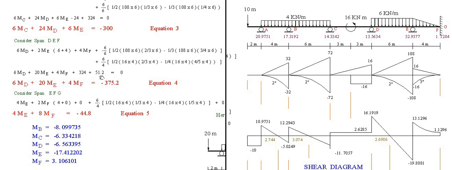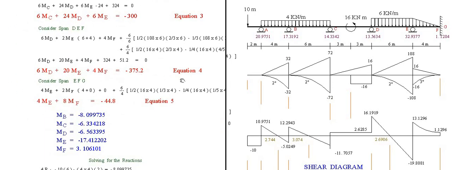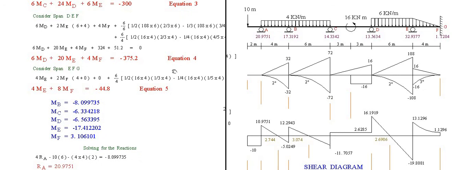This is too small compared to this first 324. It is because this is a smaller area compared to this. Then this is positive, transfer that to the right of the equality, it becomes negative, minus 375. And this is now equation 4.